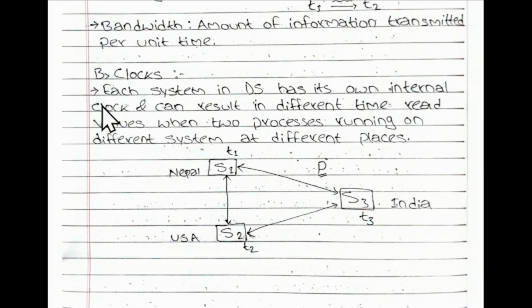Computer clock. Each system in a distributed system has its own internal clock and can result in different time read values when 2 processes are running on different systems at different places. Such as S1 is a system placed in Nepal, S2 is a system placed in USA, and S3 is a system placed in India.